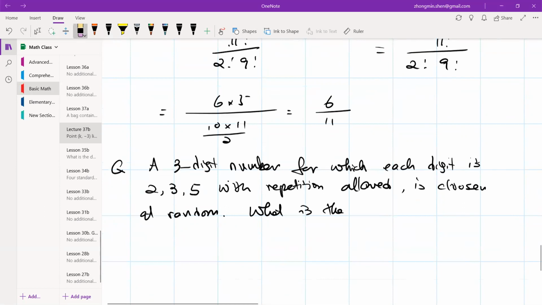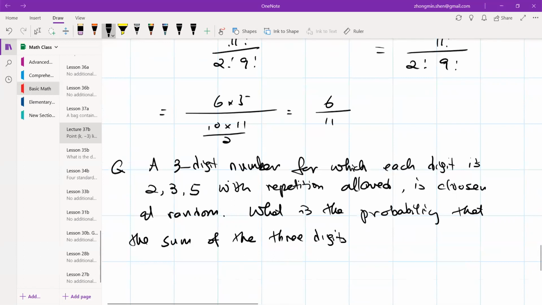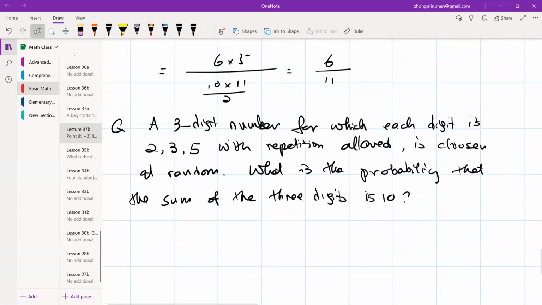So what the question is, what is the probability that the sum of the 3 digits is going to be 10? All right, so you're going to have, for example, 2, 2, 2, maybe 3, 3, 3, and 2, 3, 5, and so on.